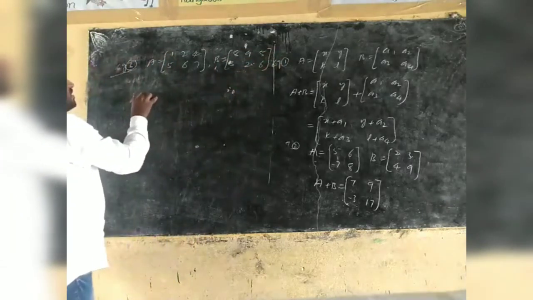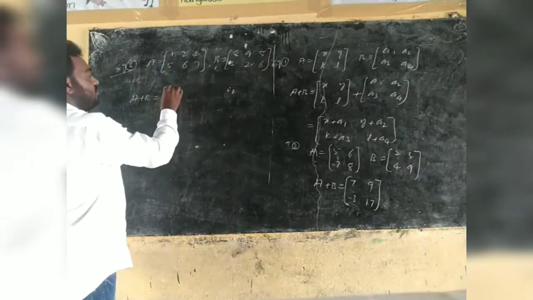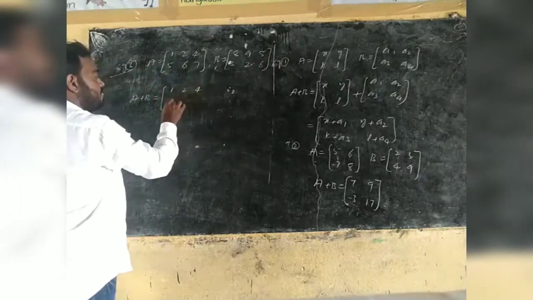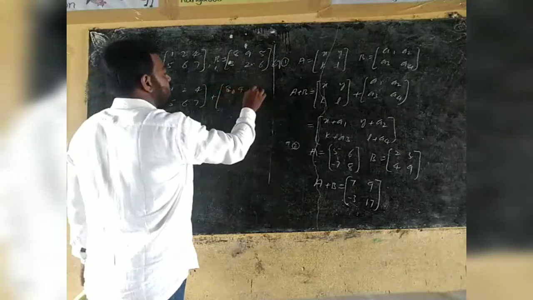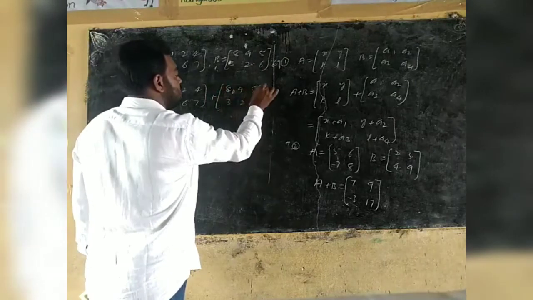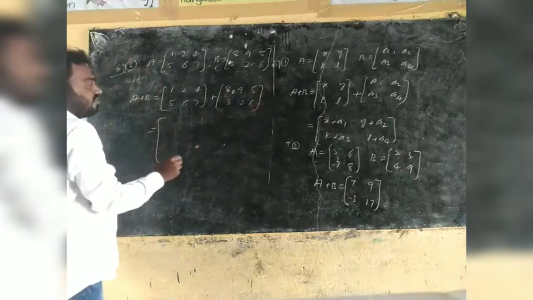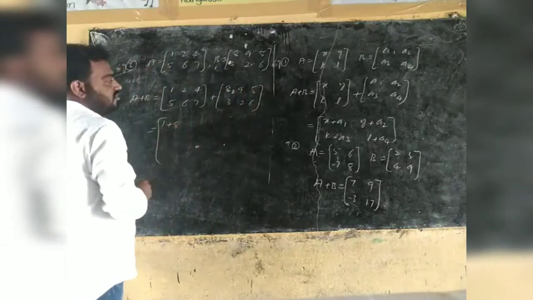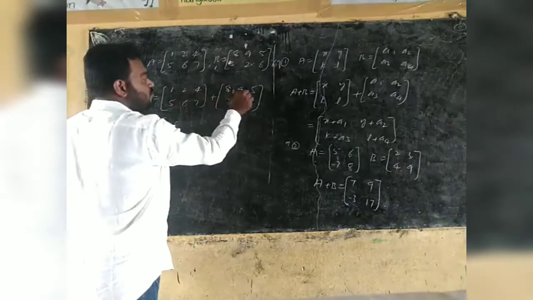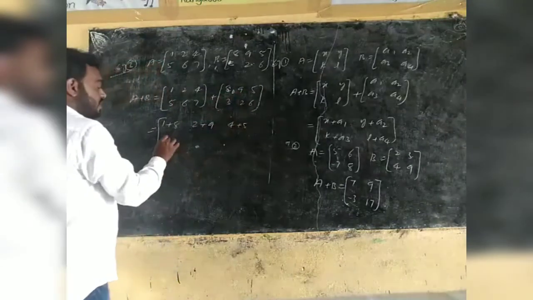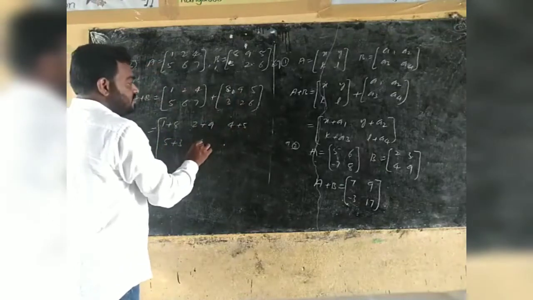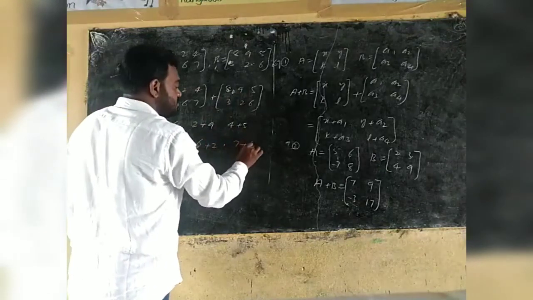So A plus B equals, once you write the matrices A and B, 1, 2, 4, 5, 6, 7 plus 8, 9, 5, 3, 2, 6. What are we getting? 1 plus 8, you observe clearly. 2 plus 9, 4 plus 5, 5 plus 3, 6 plus 2, 7 plus 6.